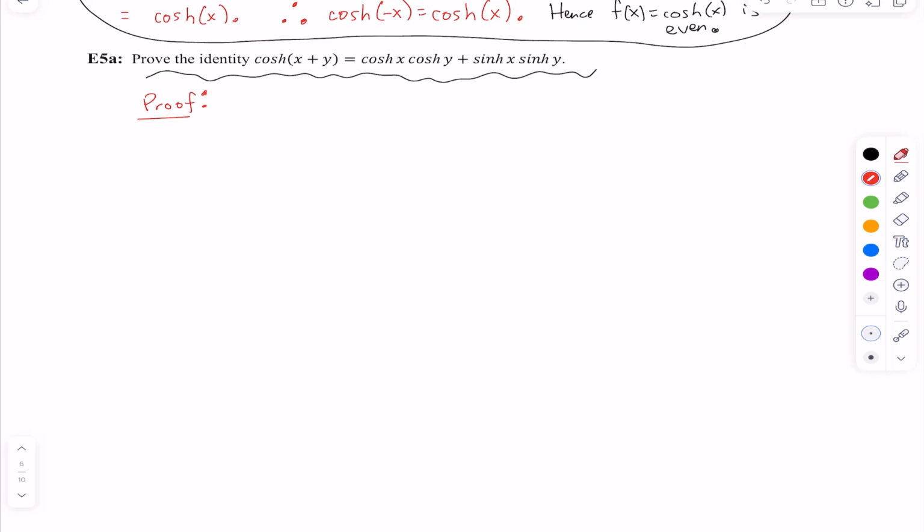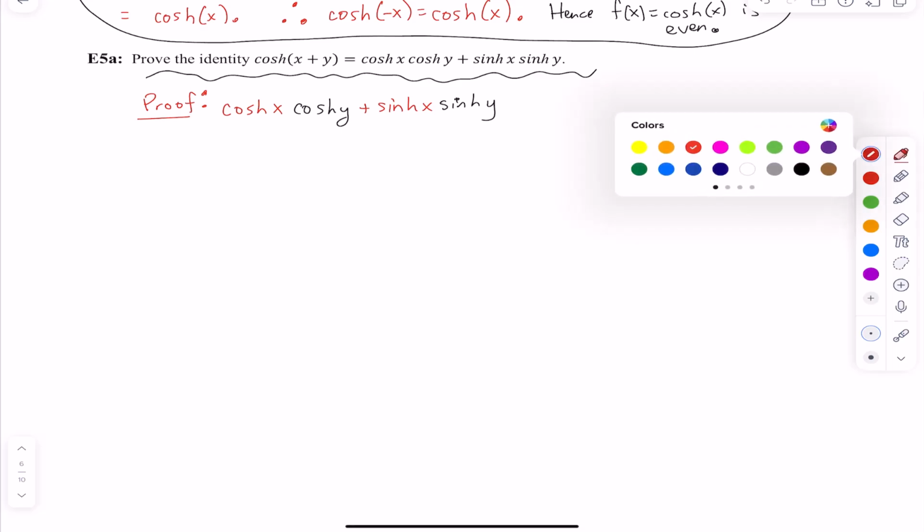So remember, proving identities is really about simplifying expressions or changing the way the expression looks. So that's a must. You must copy one of the original expressions.